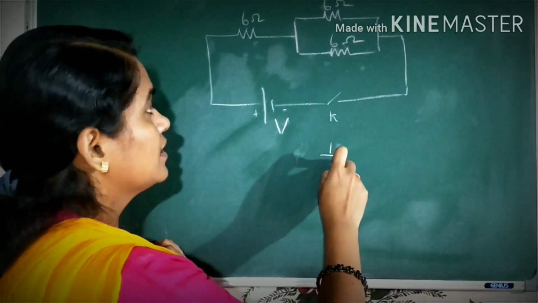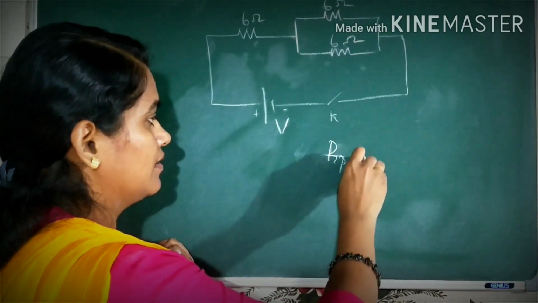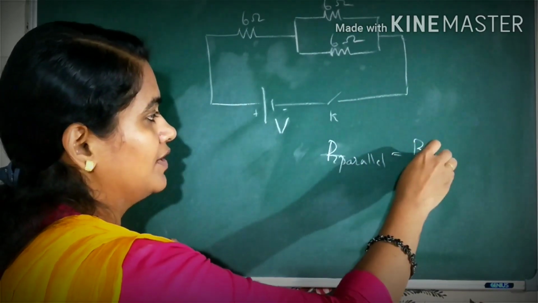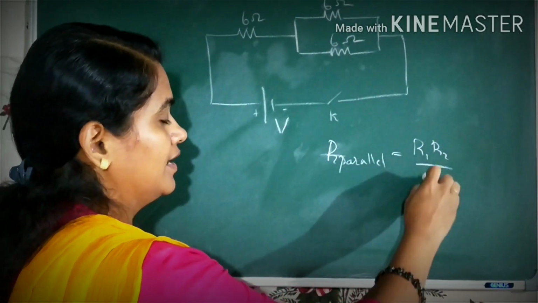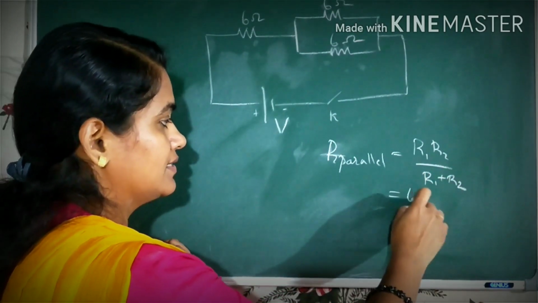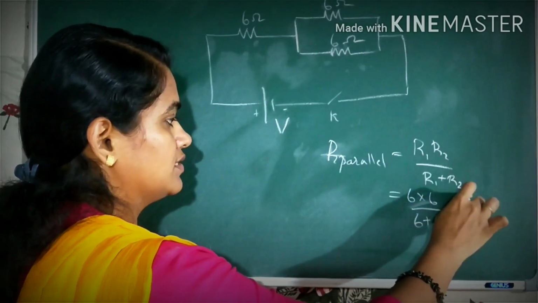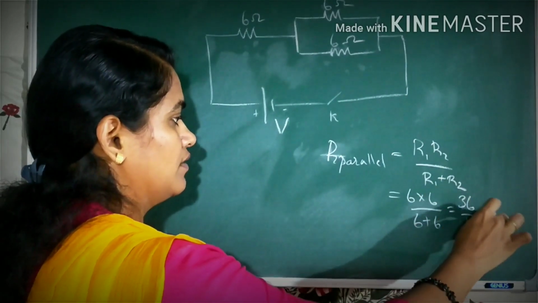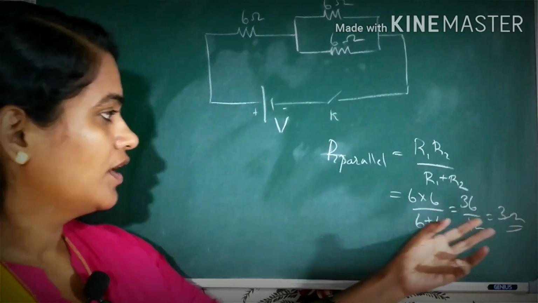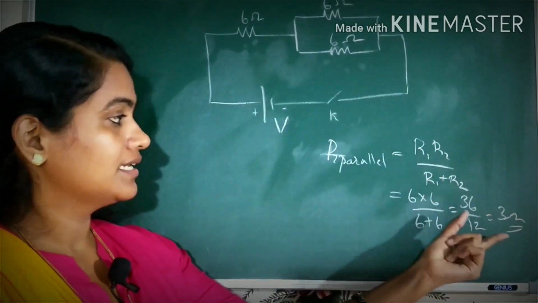So, first of all, find the effective resistance of these two. That is R parallel is equal to R1 R2 by R1 plus R2. That is 6 into 6 by 6 plus 6, which is 36 by 12, equal to 3 ohm. So the effective resistance of this parallel connection is 3 ohm.